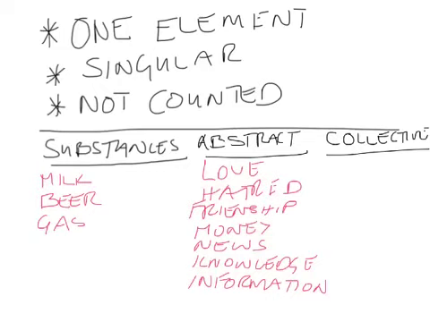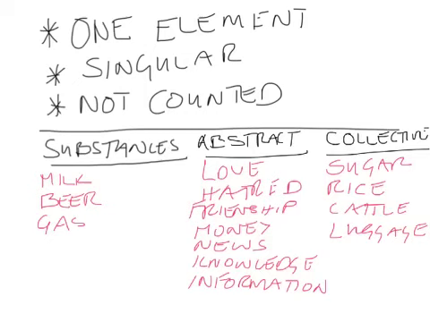Collective nouns deal with things that are part of a greater mass. Sugar, or rice. Cattle, luggage.